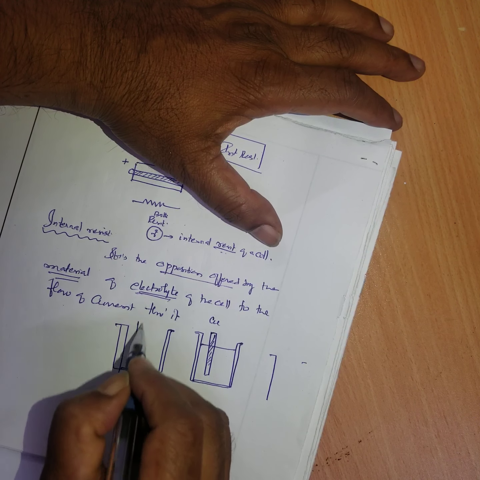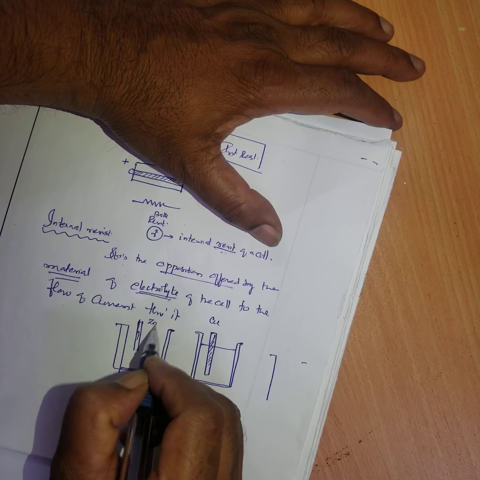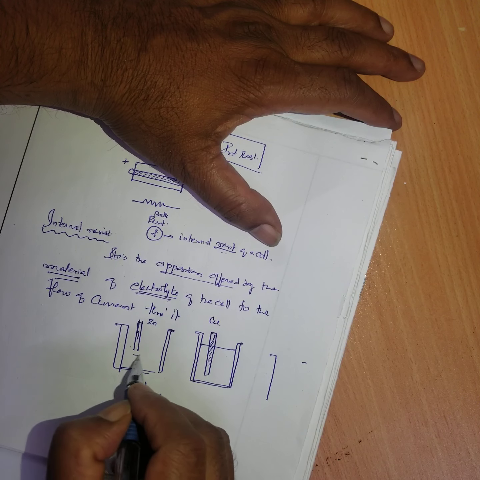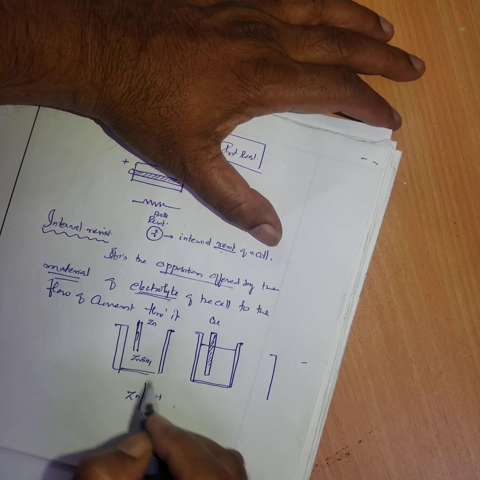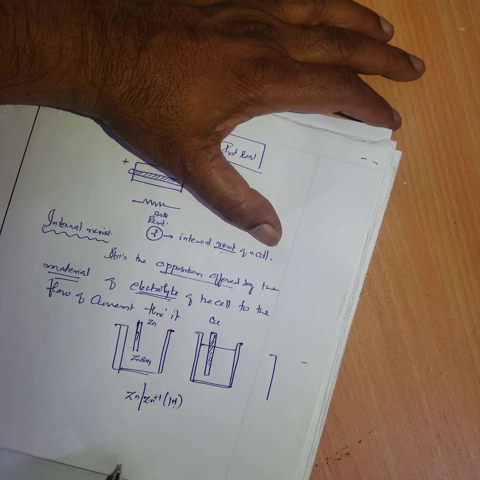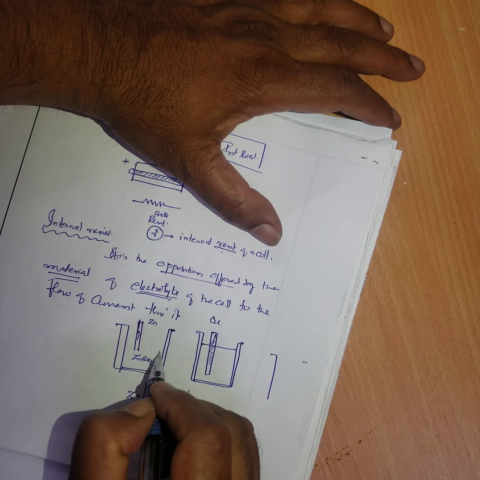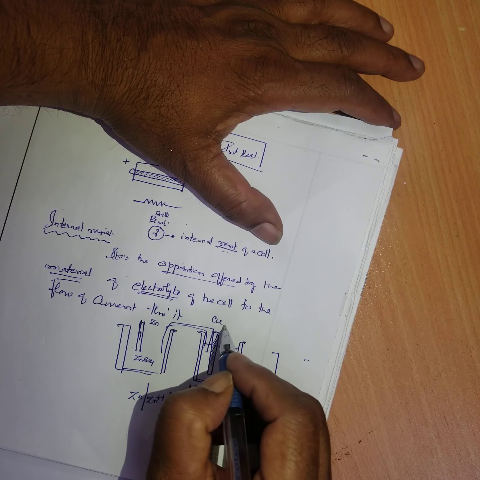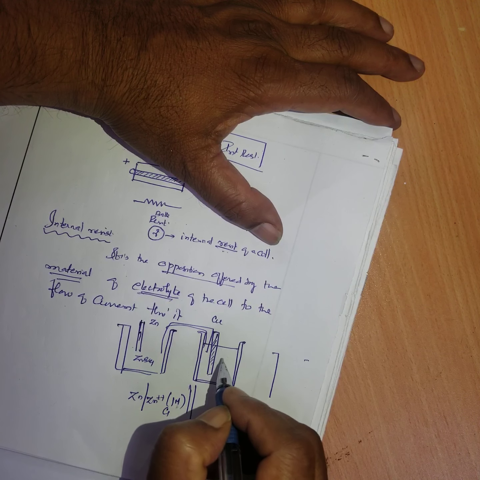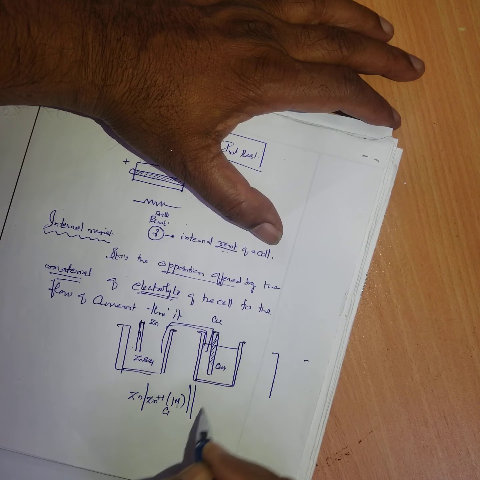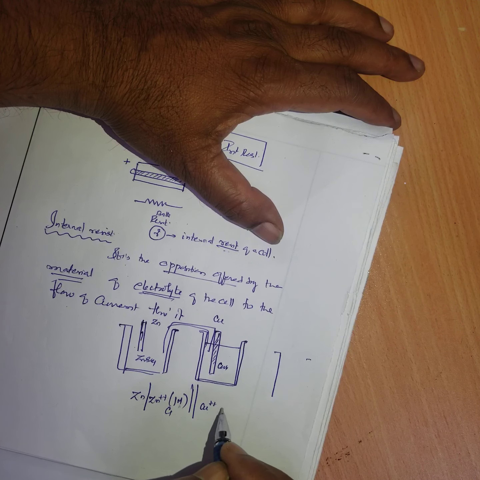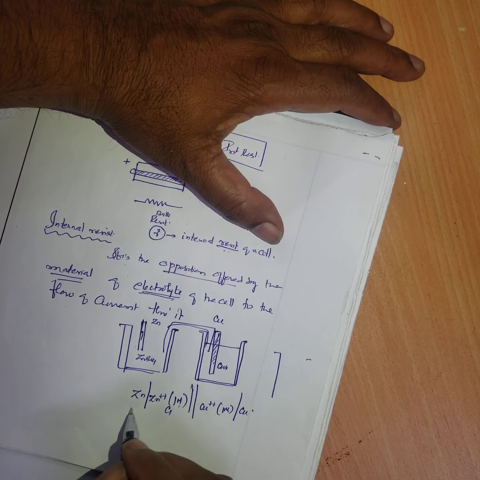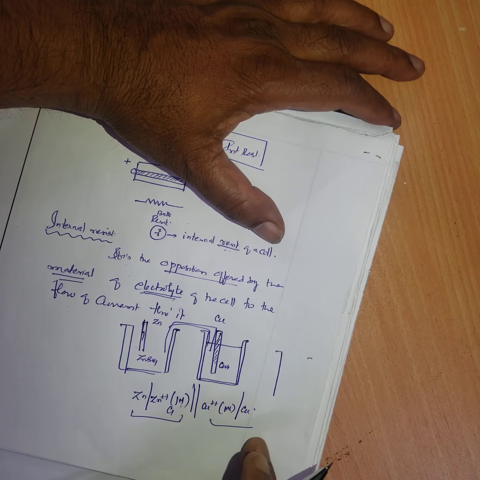This is the metal zinc in contact with zinc ion, that is zinc sulfate solution of 1 molar concentration, and there is a salt bridge. And copper is in contact with copper ion, so copper sulfate, that means copper ion whose concentration is 1 molar in contact with copper metal. This is reduction potential, this is oxidation potential.